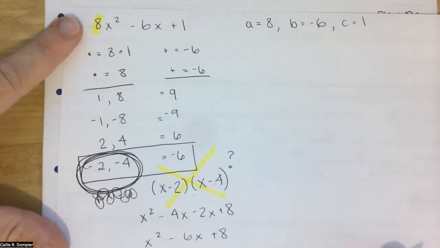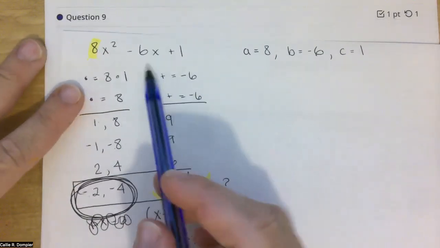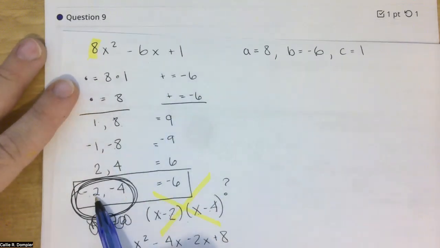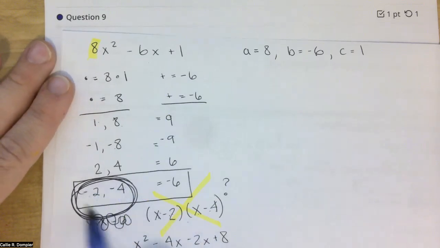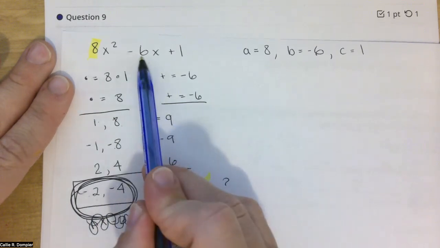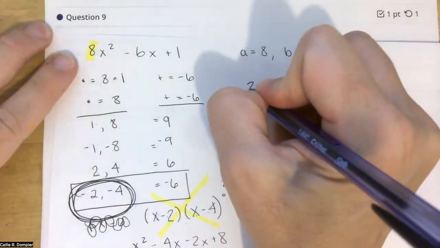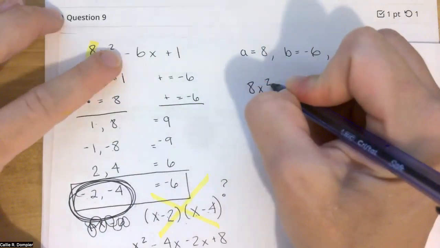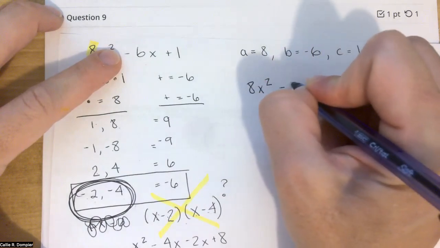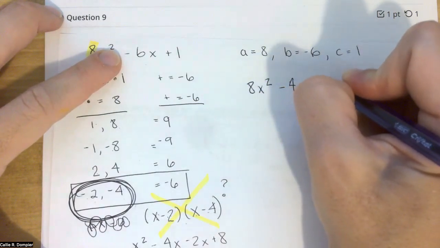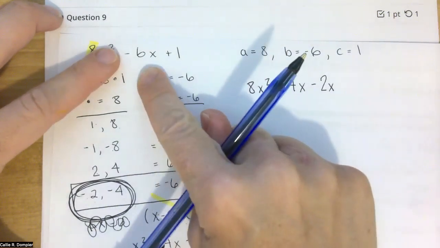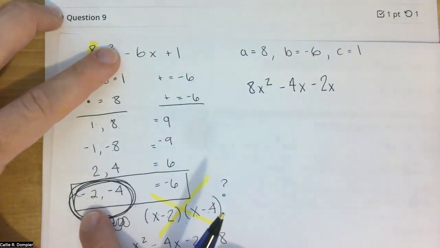Now we have to factor by grouping, okay? So we take that -6x and we replace it with a -2x and a -4x. That's what we do when we find our factor pair. We replace the middle term with that. So we keep that 8x squared, and instead of -6x, I have -4x minus 2x.